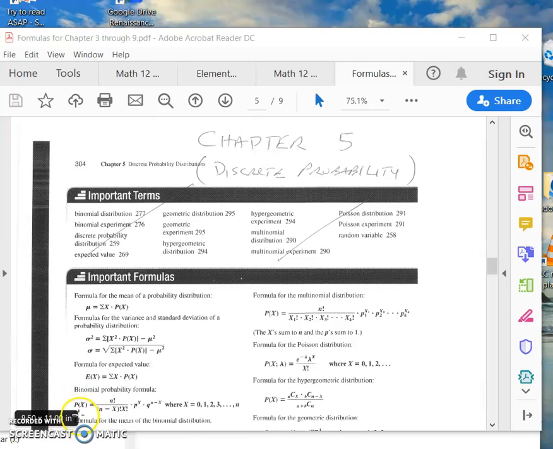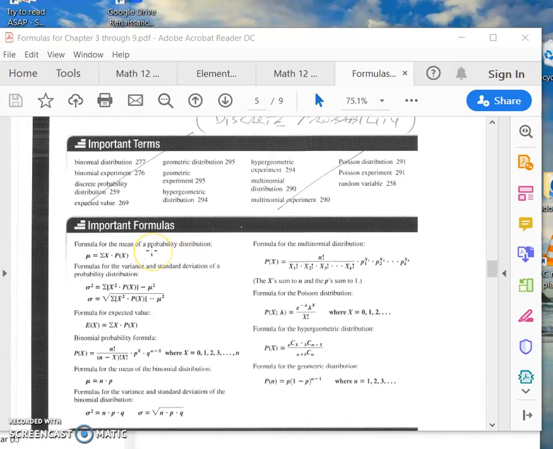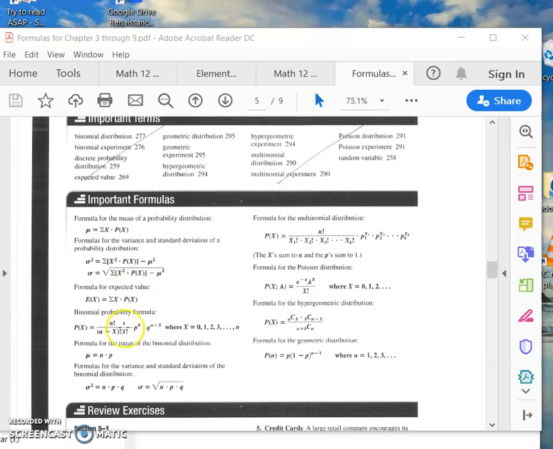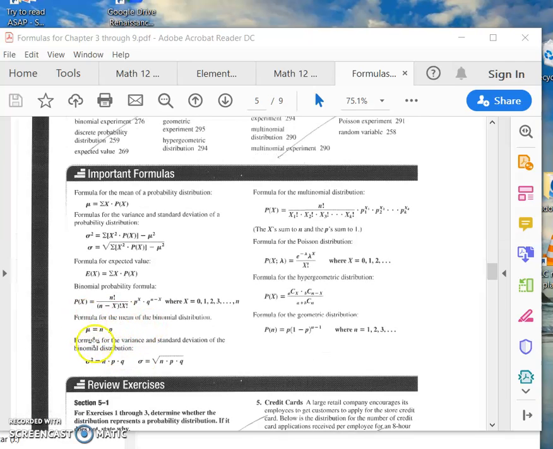Okay, so the binomial distribution was discussed in chapter 5. And in fact, right here, here are the important terms. Binomial distribution was on page 277. The formula for the binomial distribution is this monster here, which is very difficult to calculate. But the important thing I wanted to share with you is that the formula for the mean of the binomial distribution is just mu equals n times p.